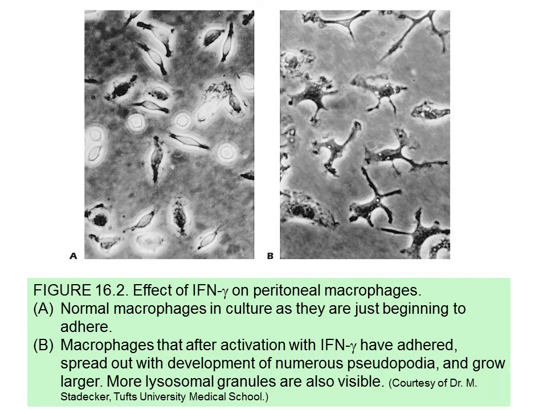So what they did was they separated the peritoneal macrophages, like you can see from here. And they saw that once you separate them, they start adhering. And then if you treat them with gamma interferon, they will have better development and adherence. So they will grow and mature, and they will start showing those lysosomal granules.